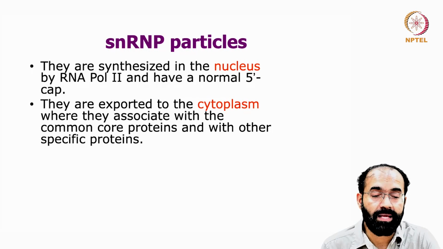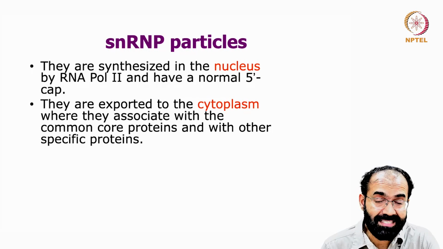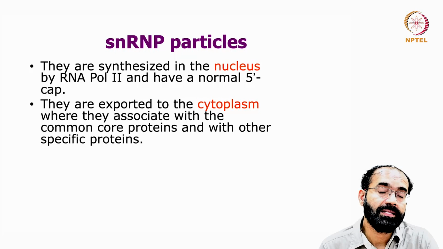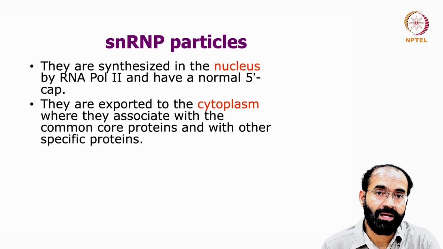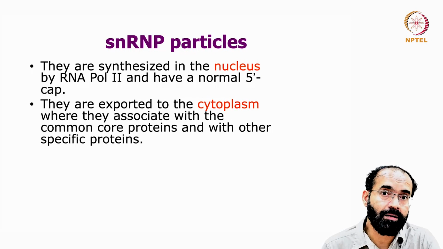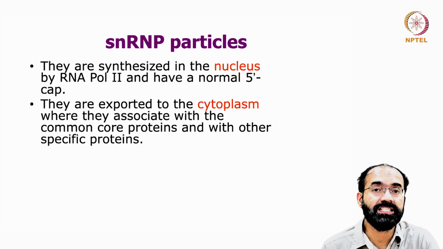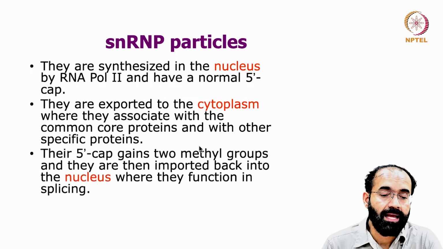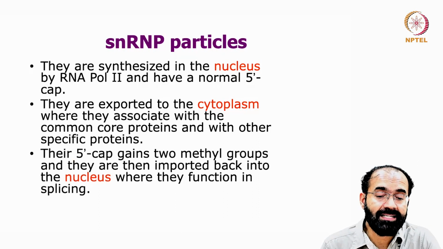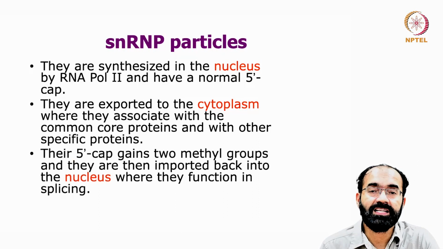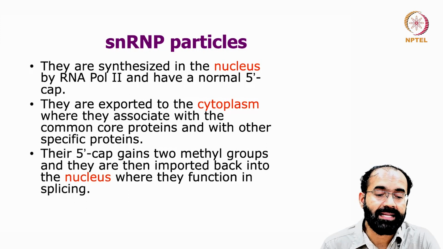This is not for mRNA, it is for some snRNPs, because they have to get exported to the cytoplasm, where they mature and again come back to the nucleus, because their function is in the nucleus. And their 5' cap gains 2 more methyl groups. Initially they have got 1 methyl group, and they are then imported back to the nucleus where they function in the splicing.